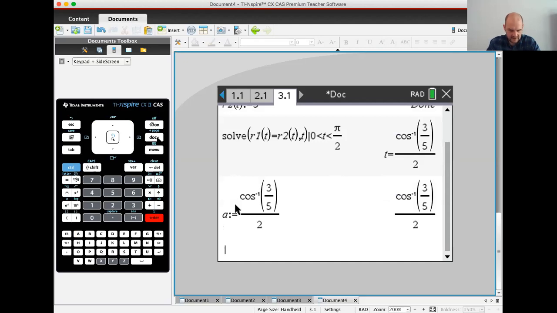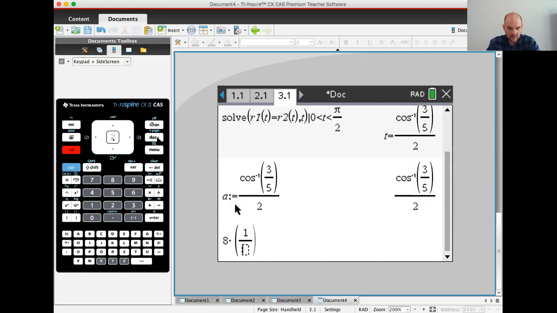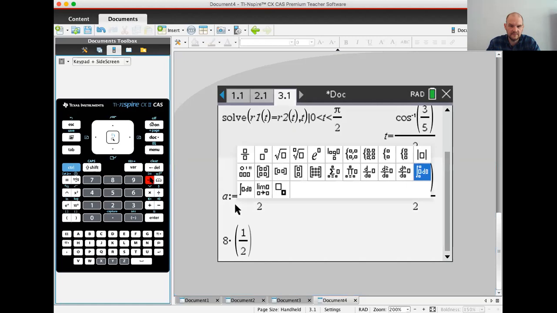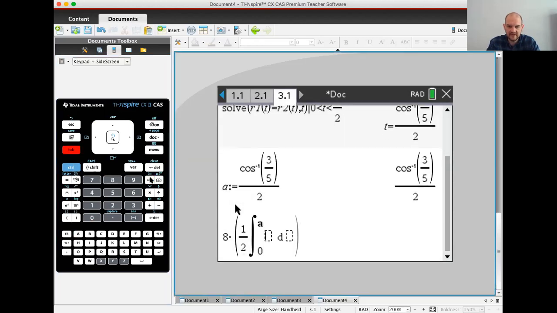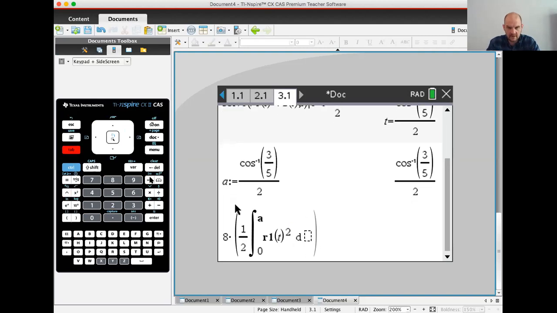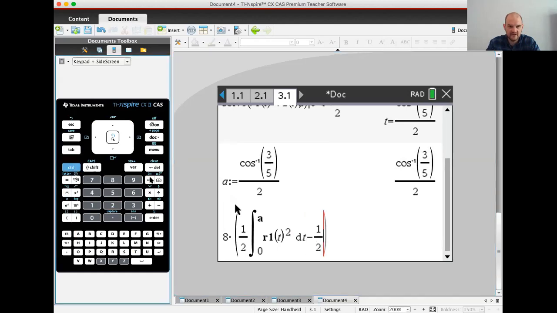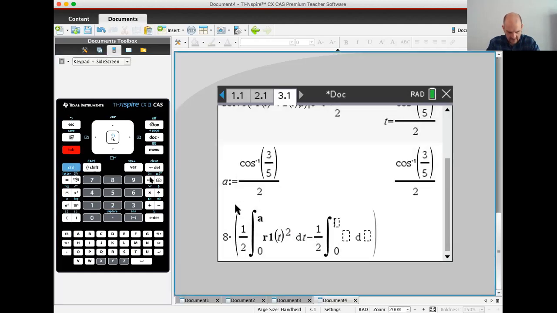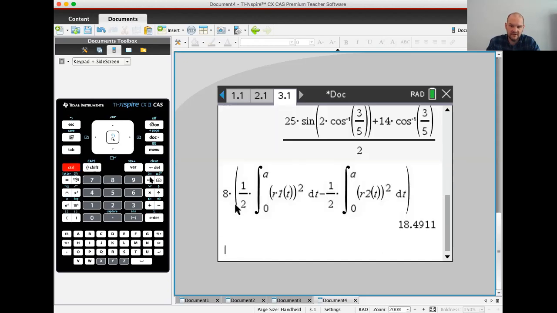And then I wanted to do 8 times 1/2 the integral from 0 to a of R1 of t squared dt, and then minus 1/2 the integral from 0 to a of R2 of t squared dt. And there you go. That's your answer, 18.491. I don't know how helpful that is.